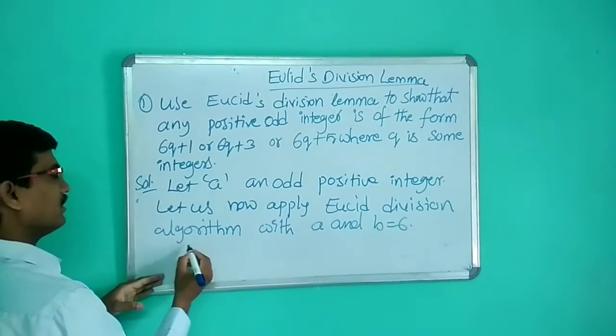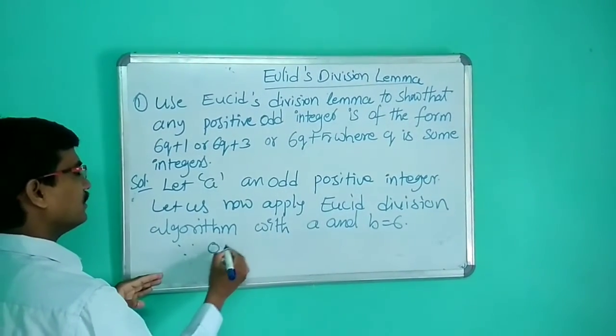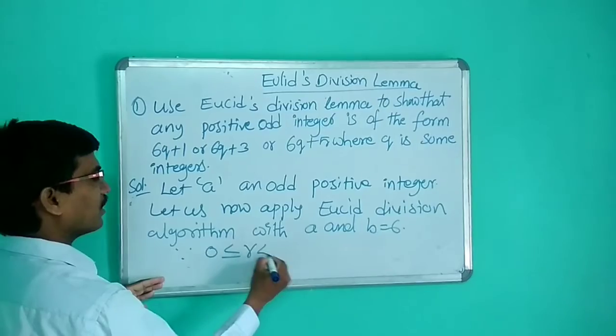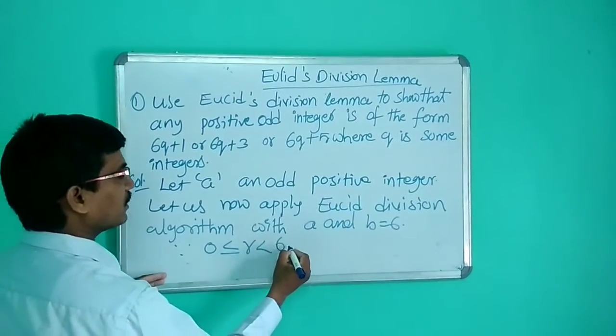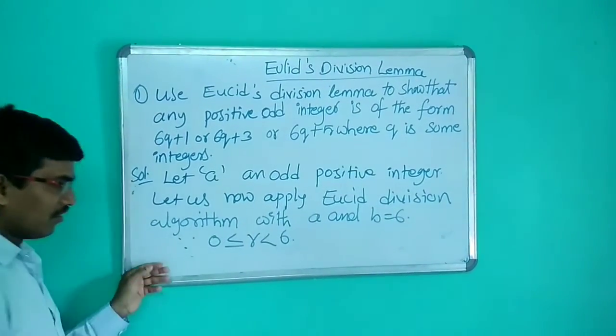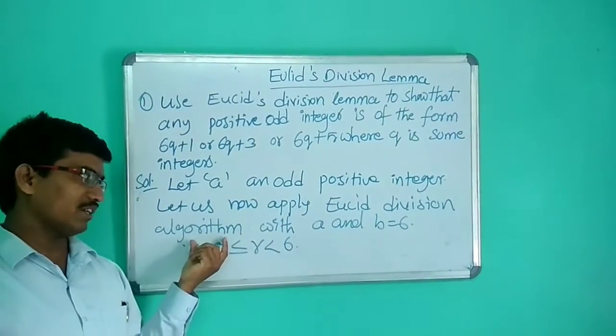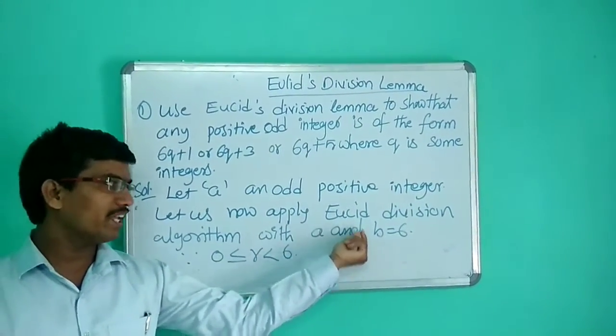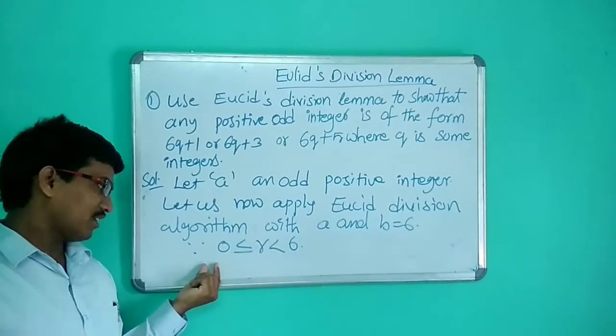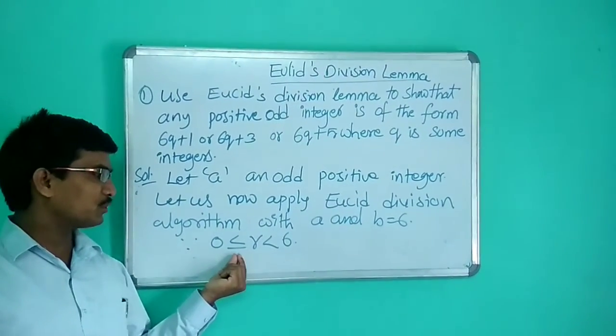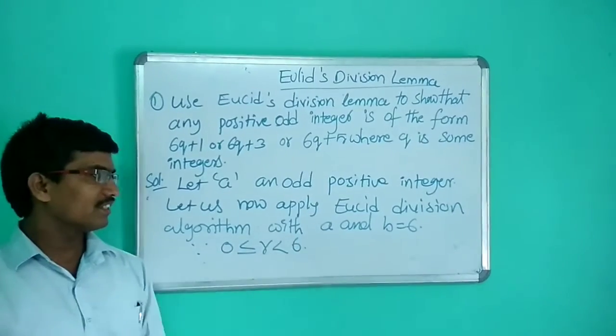Here the condition is 0 ≤ r < 6. Let us now apply Euclid's division algorithm with a and b = 6, since 0 ≤ r < 6.